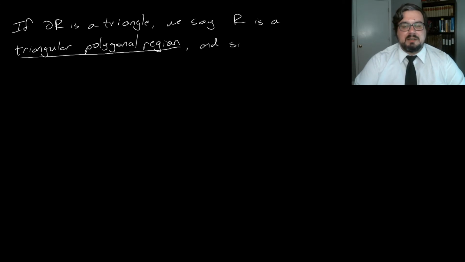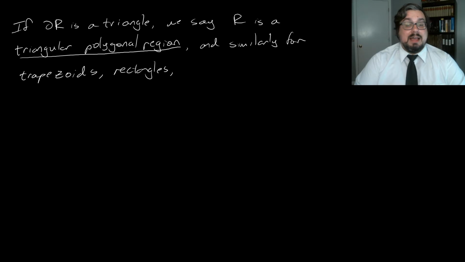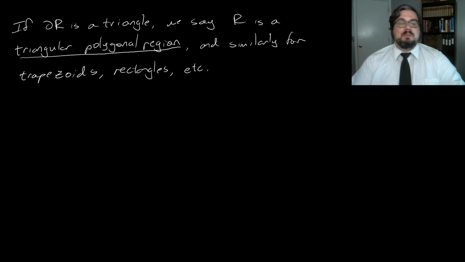And similarly for trapezoids, rectangles, etc. We could talk about square polygonal regions, rhombus polygonal regions, parallelogram polygonal regions, etc. So we can describe a polygonal region by the shape of its boundary, if its boundary is itself a polygon.